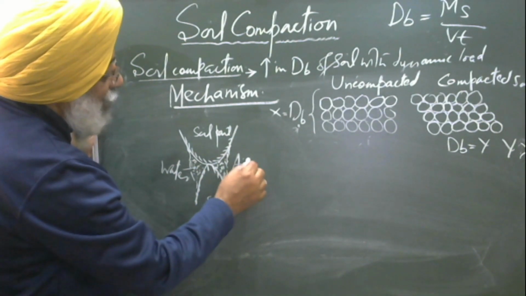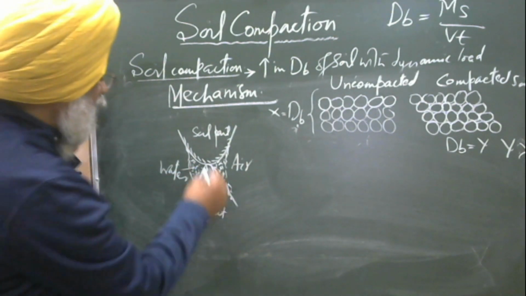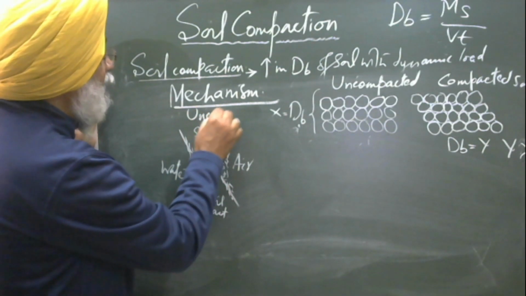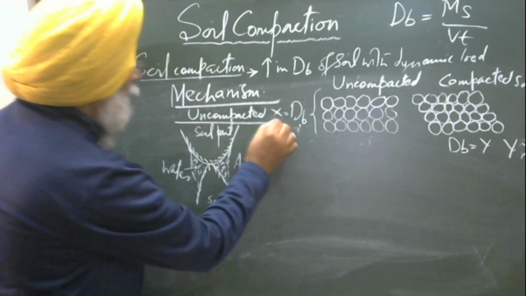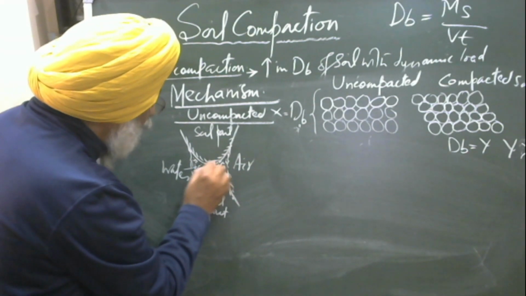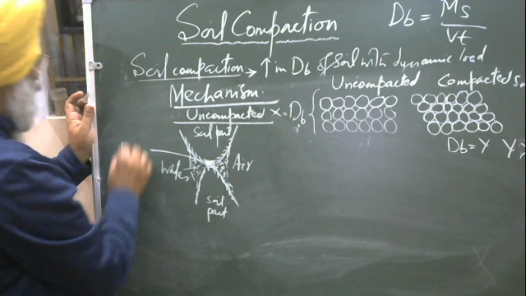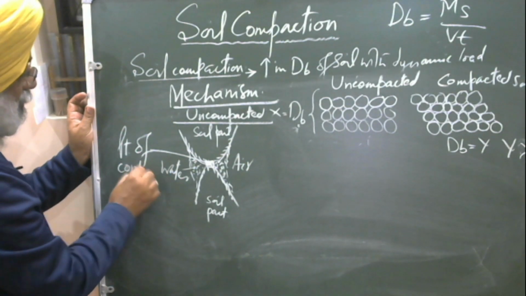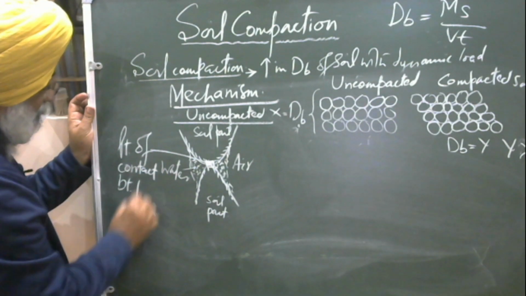Then in macropores it could be air. So this is the uncompacted situation, uncompacted soil. Here, this much is the point of contact between particles.